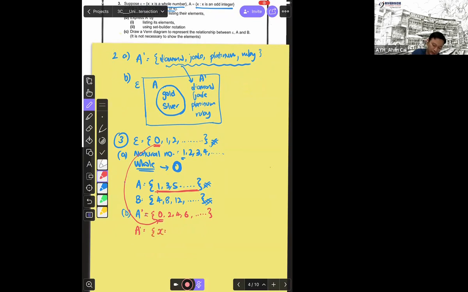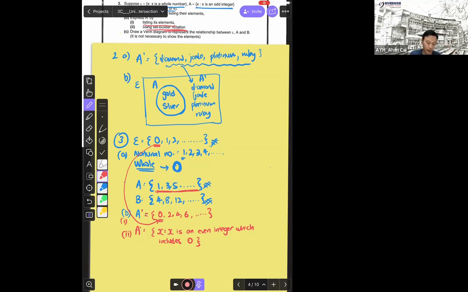That means use algebra, X. So A complement is X, where X is an even integer which includes 0. Okay, so this is for A complement. For the second answer, because they asked us to use both listing and set notation, this is part 1. This is part 2.